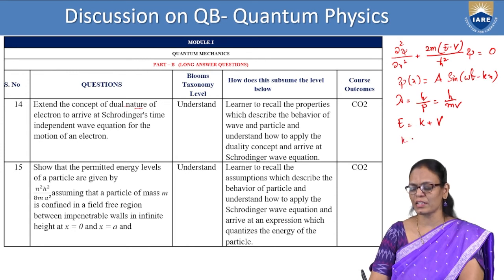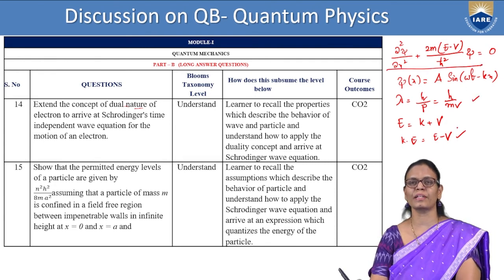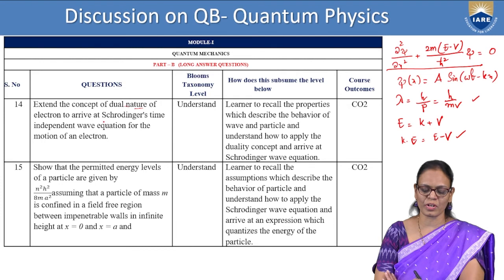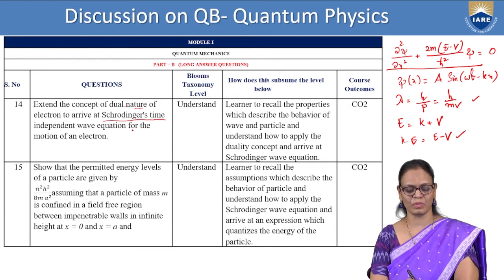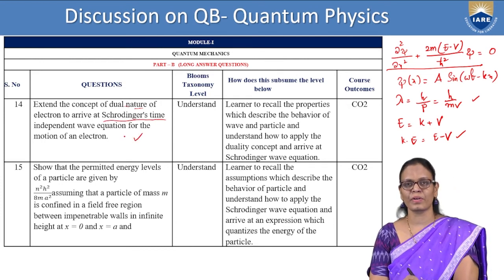So the kinetic energy can be written as E minus V, and using these two we get this expression. The entire derivation you can refer to in the Schrodinger time independent equation video, and you can understand it.